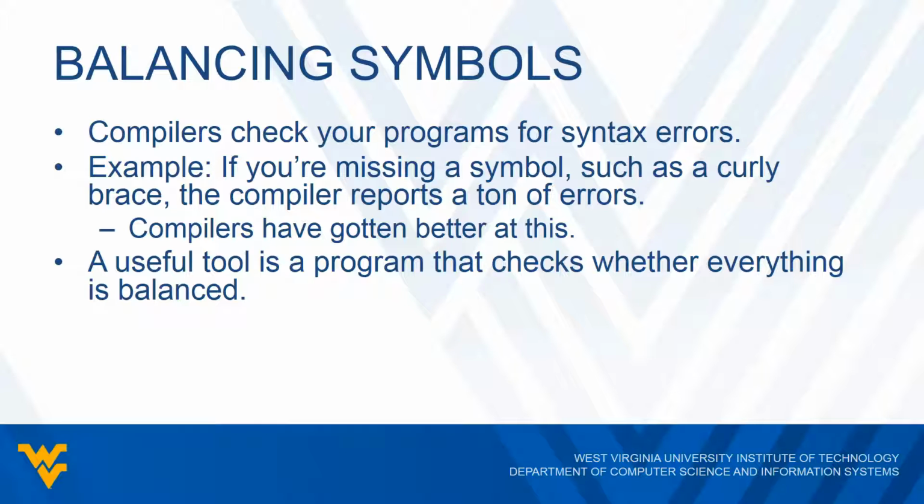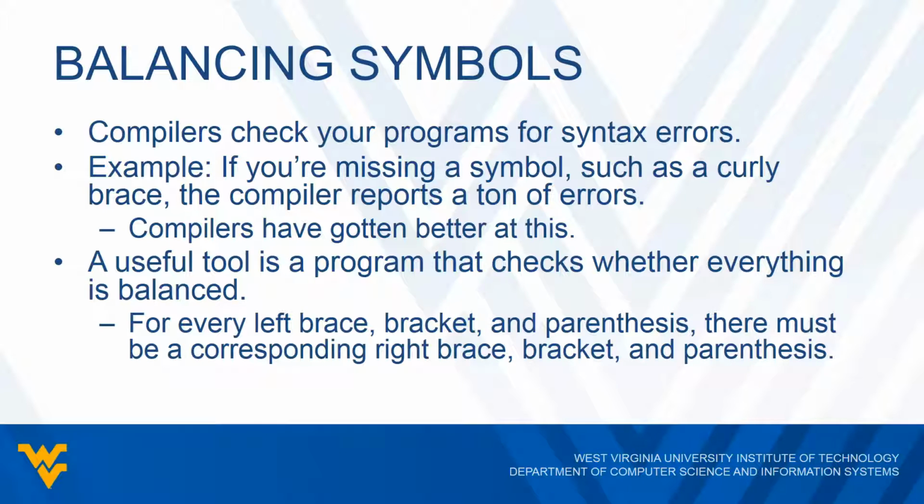So what do we mean by that? Well, for every left brace, left bracket, and left parenthesis, there has to be a corresponding right brace, right bracket, and right parenthesis. So we have to make sure that there are matching parentheses, brackets, and braces.